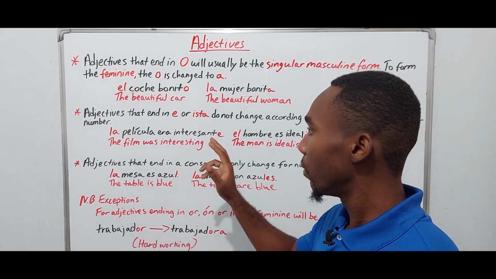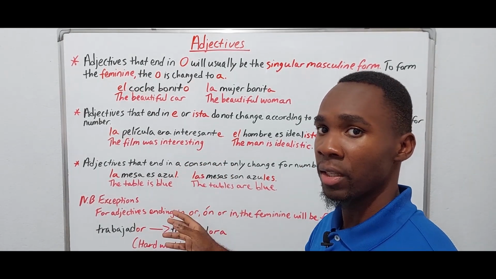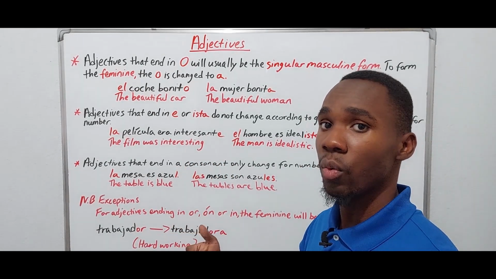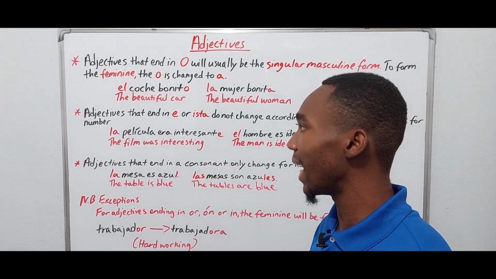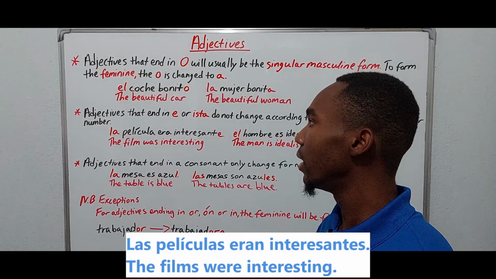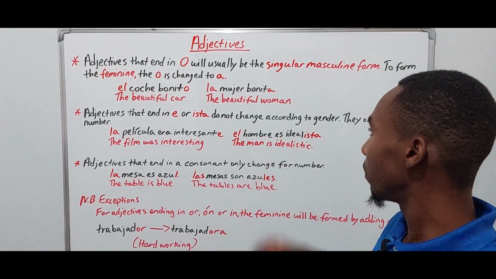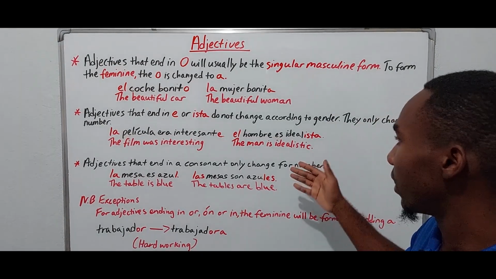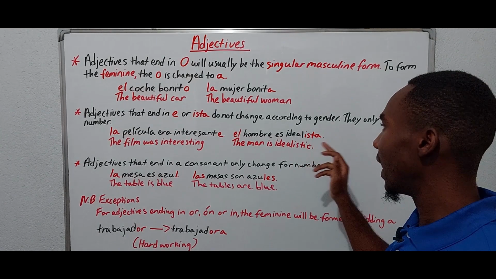So, interesante can be used with both masculine and feminine nouns, right? Of course, once they're singular. If you want to make this plural, we would say las películas eran interesantes. And over here, we have an adjective that ends in ista. El hombre es idealista.